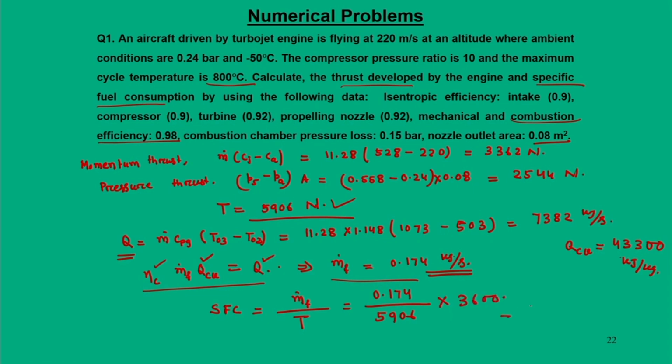This will give you a value 0.105 kg per hour Newton. So after a long process, at the end of the day, we only require this thrust and specific fuel consumption, and this simple turbojet engine gives you the entire concept of how the entire process has to be followed.